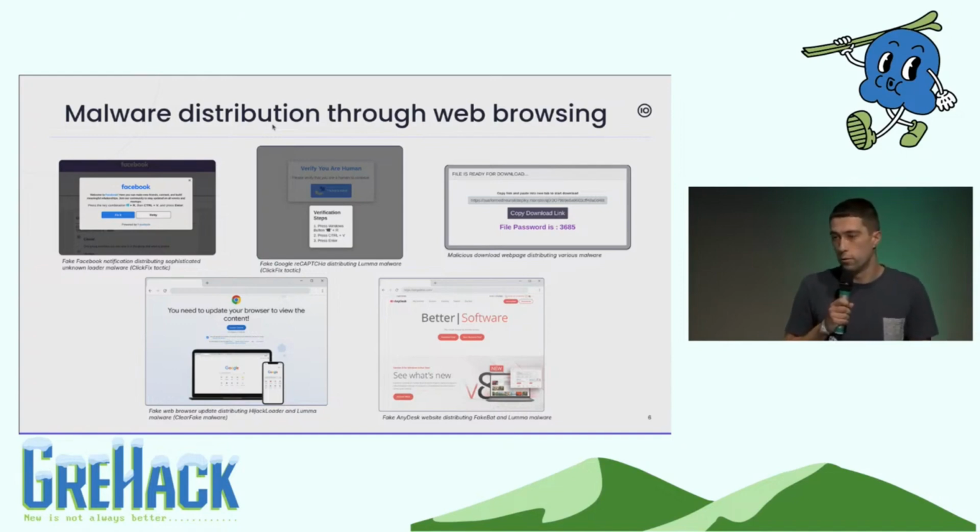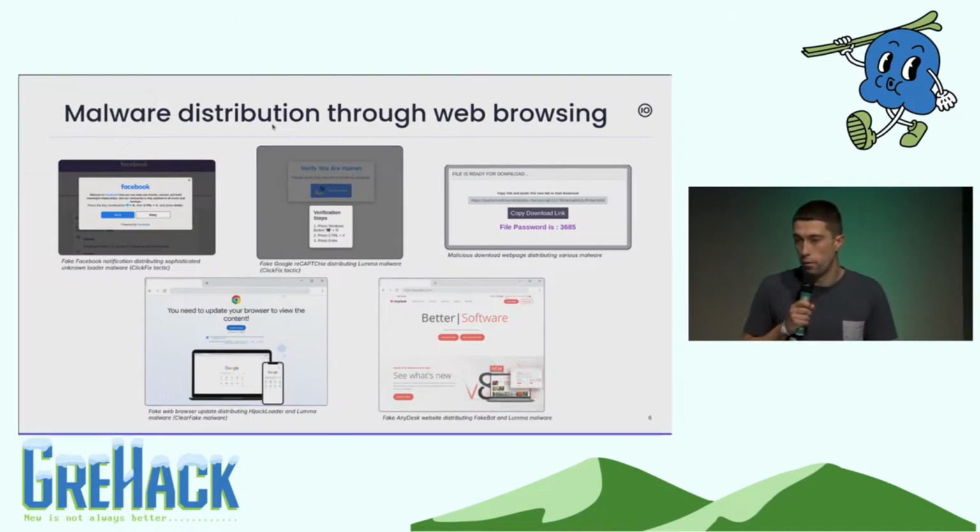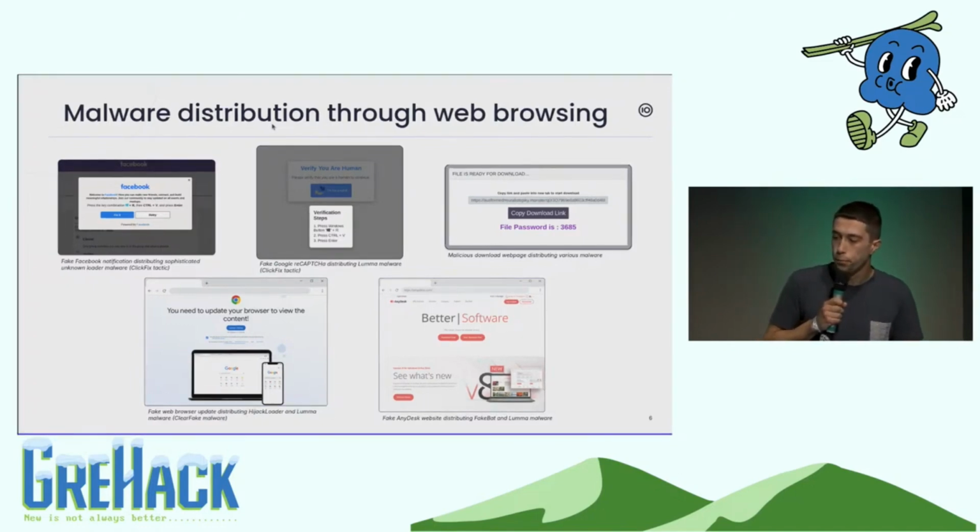So when a user wants to download the software for free, the user can find this kind of malicious web pages. And on the bottom, you have on the left a fake web browser update, which is displayed on compromised websites. And on the right, a fake AnyDesk website that spreads Luma and fake bat malware.